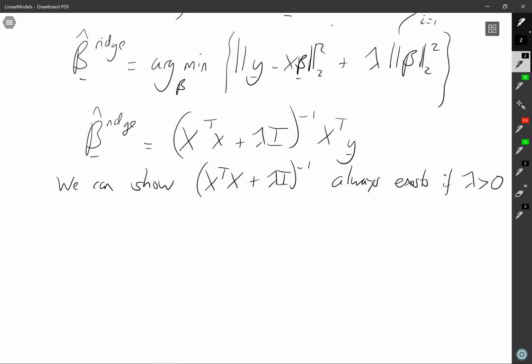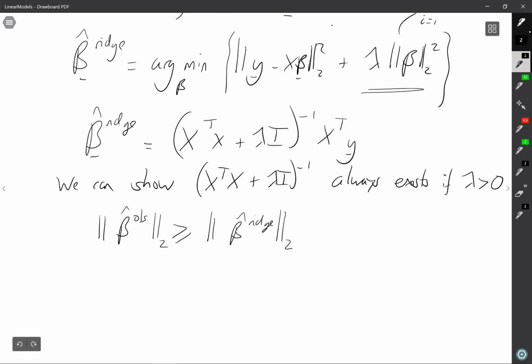One of the things you'll see on the example sheets is that the ridge regression estimator is smaller than the OLS, whatever norm we choose, but let's have the 2 norm here. The effect of having this penalty is to shrink the parameters, i.e. ridge regression shrinks the OLS.